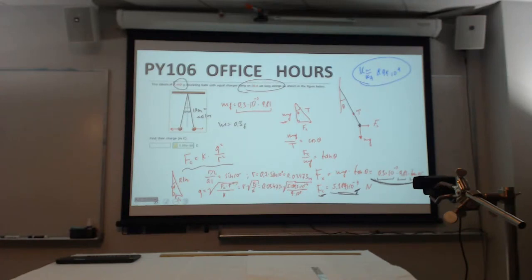Let's check your r again. r over 2 over the hypotenuse, which is 0.1, so 0.2 times sine of 10 degrees. Was it degrees? Yes, degrees. So 0.03473 meters.